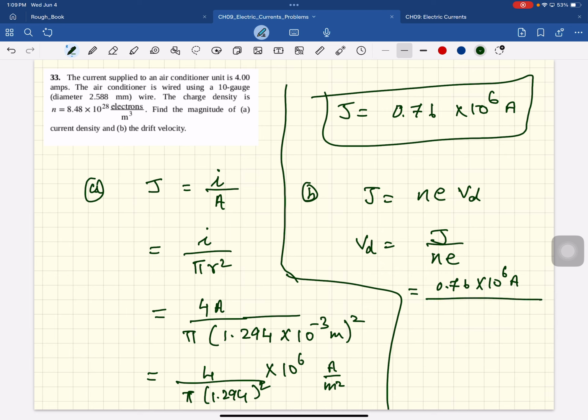Amperes is coulombs per second, and this is 8.48 into 10 to the 28 per meter cube. And the charge is 1.6 into 10 to the minus 19.